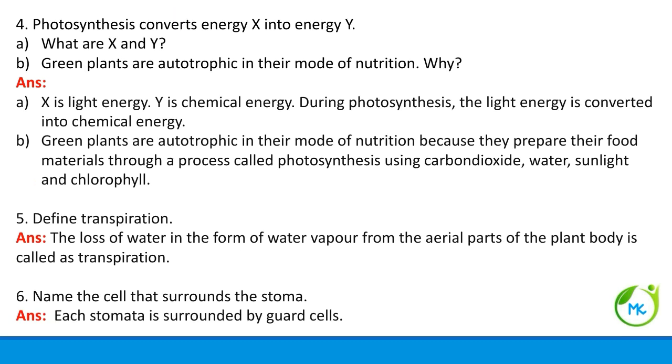Fourth answer, photosynthesis converts energy X into energy Y. They have given a statement and are asking what X and Y are. The second part of the question: green plants are autotrophic in their mode of nutrition. Why? Coming to the first part, photosynthesis converts X energy into Y energy.